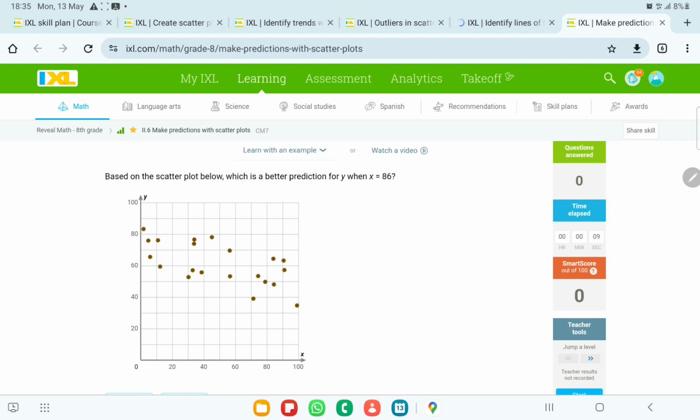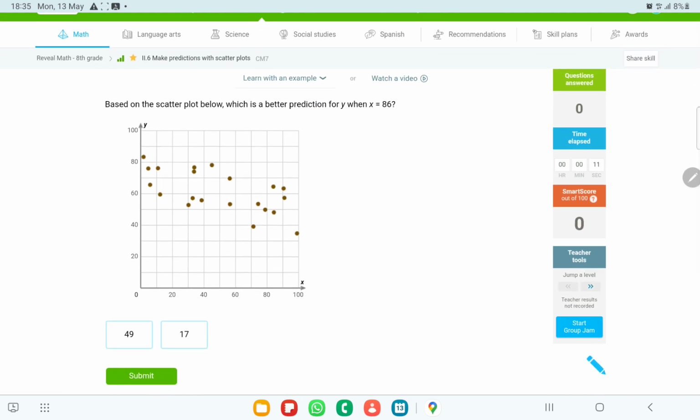So making predictions, how do I make a prediction when x equals 86? What would be the y? Again, what is the best prediction for y when x is 86? So let's see together. X is 86. Here is the x, and here is the y. Nearly, this is 90, so 86 is nearly here.